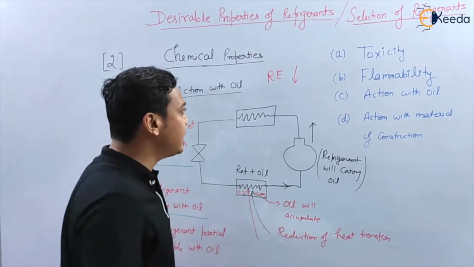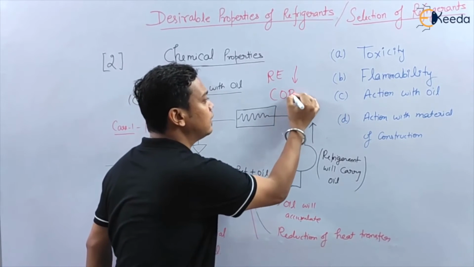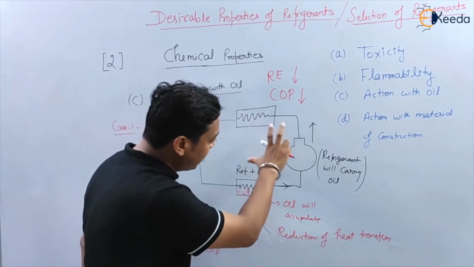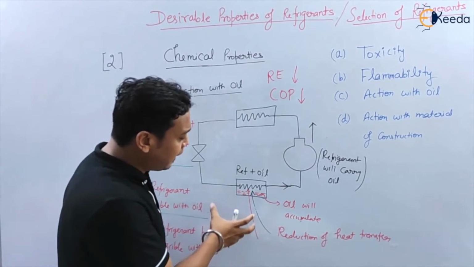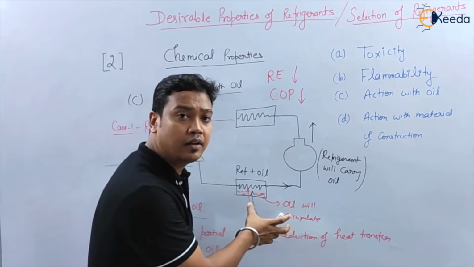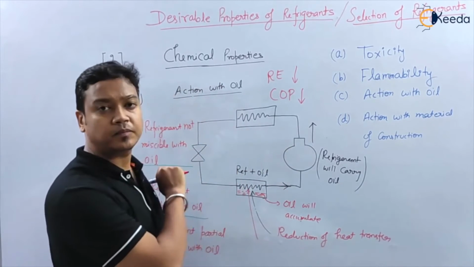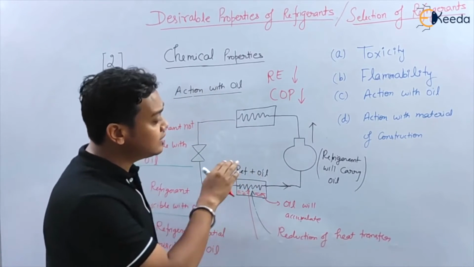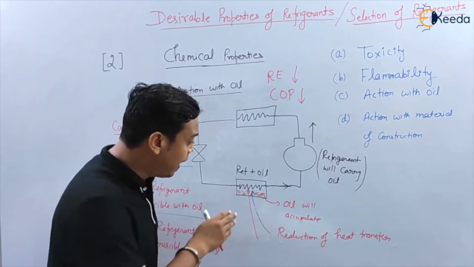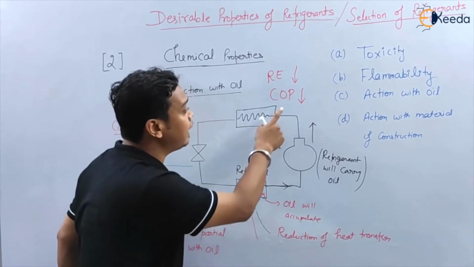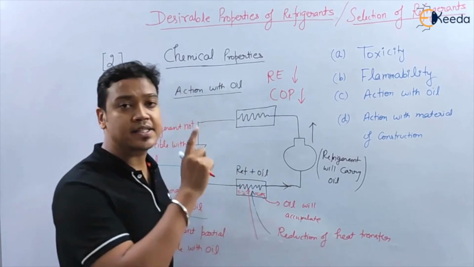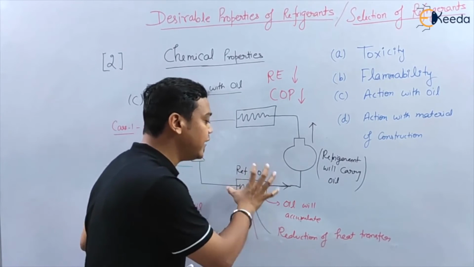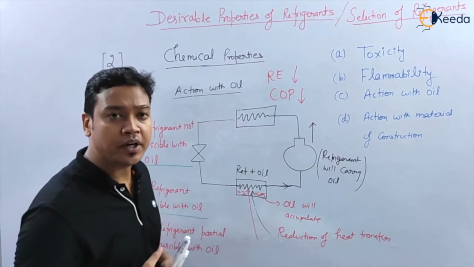If R is less, then COP is less. You have seen that the effect of oil in this system is very high. If oil accumulates in the evaporator, then the COP of that system is very low, because there is less heat transfer in the evaporator.